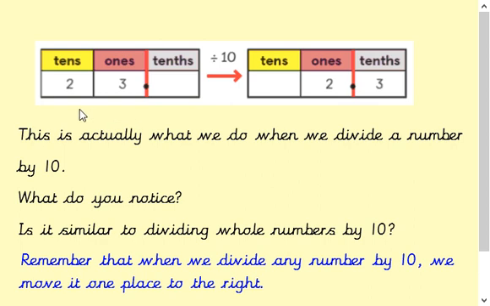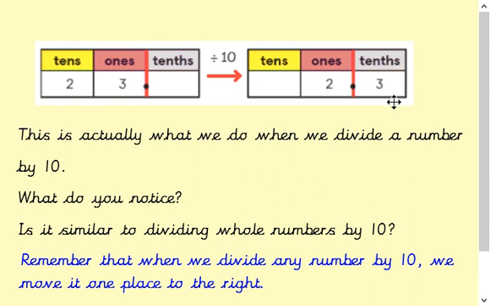So if we were going to say 23 divided by 10 here, then what we're looking to do is move the 3 1 place across, which you can see is moved into the 10ths column, and then the 2 10s, we're going to move them into the 1s column. You can see that we've done that here as well. So 23 divided by 10 equals 2.3.